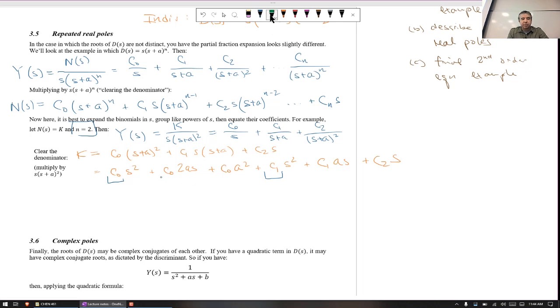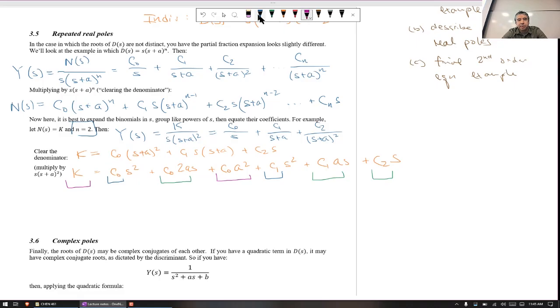The s to the first power terms, I have a C0 times 2 times a, and a C1 times a, and a C2. And then I have one constant term, C0 times a squared. So I have three different sets of like terms here. And furthermore, on the left-hand side, I have k, which itself is a constant term. So that gets grouped with a constant term.